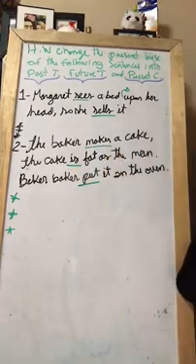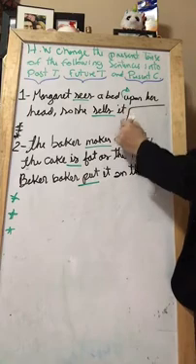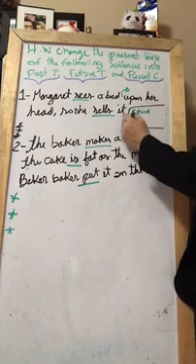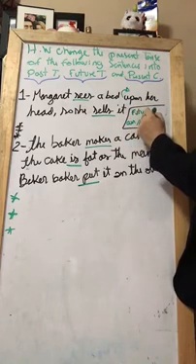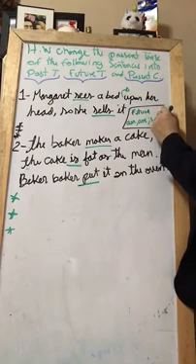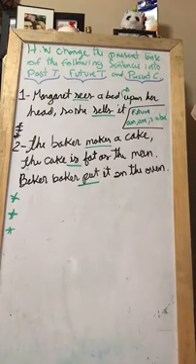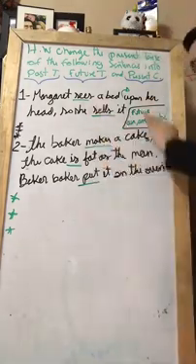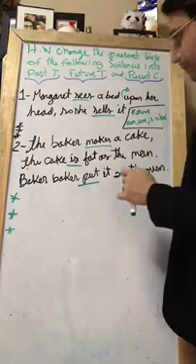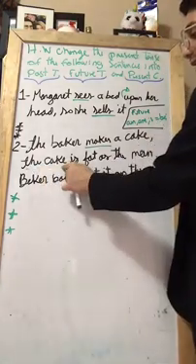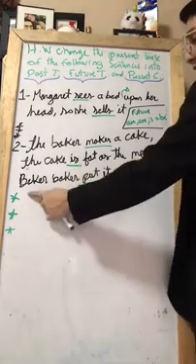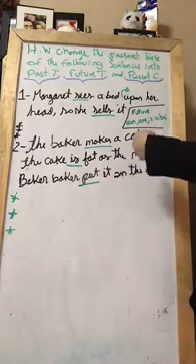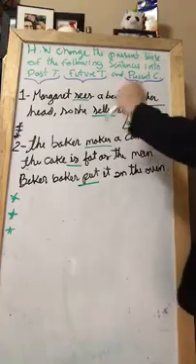So every time that you find am, are, and is, the future is be. Will be. Remember this, because if you write it as a mistake, I already told you, so you're supposed to be paying attention to the formulas that I'm giving you. So the cake will be fat as the man. Baker will put it on the oven. So as you can see, the sentences are the same. It just changes little things, okay?